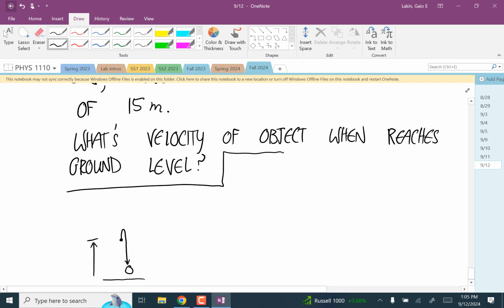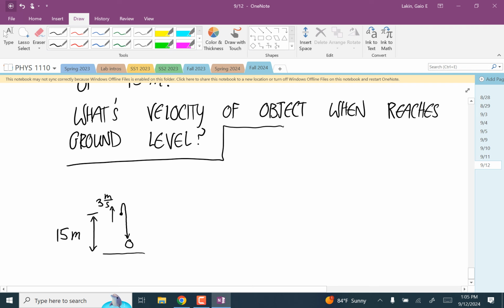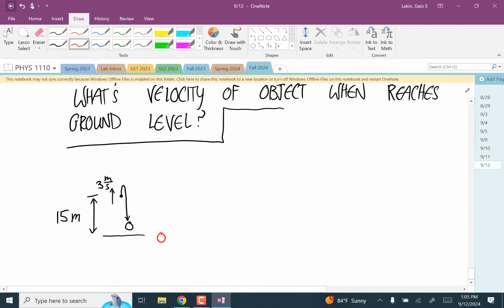It's going to start out at a height of 15 meters, and it's going to start out with an upward velocity of 3 meters per second. I'm going to choose my 0 at the ground, my positive up, and my negative down. And my time equals 0 is going to be the instant that it's dropped. And my time final is going to be the instant it reaches the ground level.